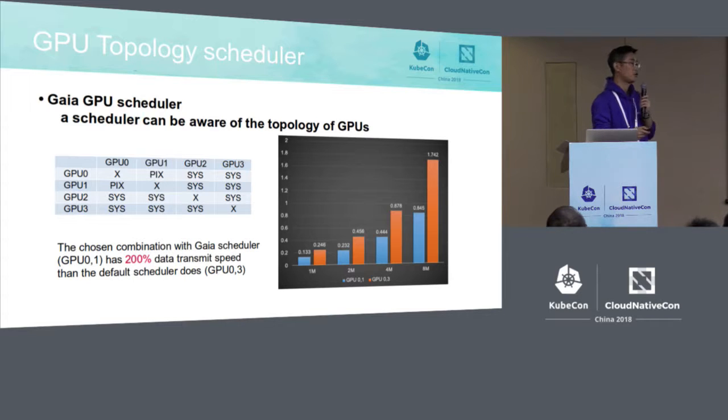So it can flexibly perceive this GPU topology and make it faster to transmit data.